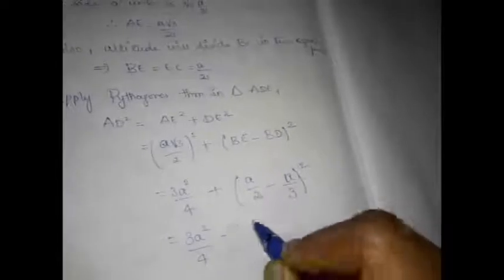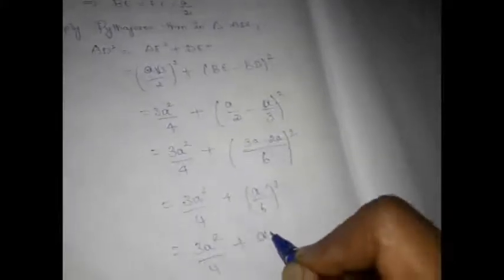So which is equal to 3a square by 4 plus, take LCM 6. So 3a minus 2a, the whole square, over 6, which is equal to 3a square by 4 plus a by 6, the whole square. So which is equal to 3a square by 4 plus a square by 36.